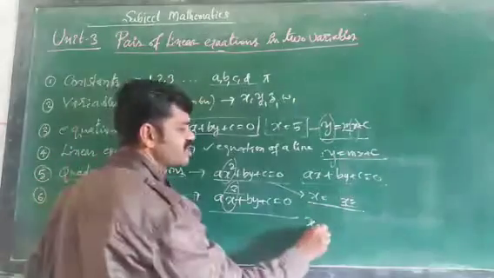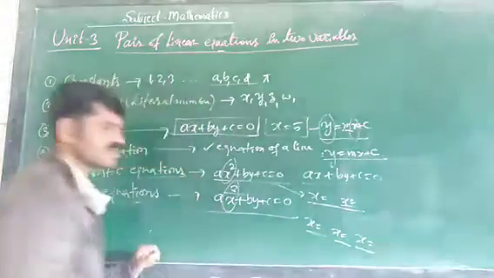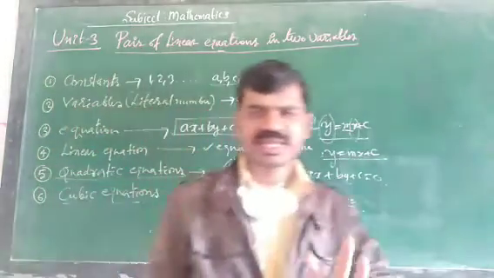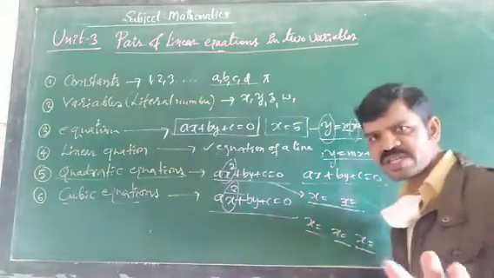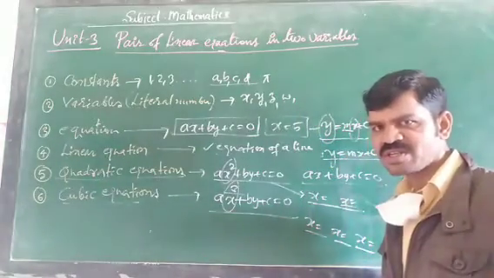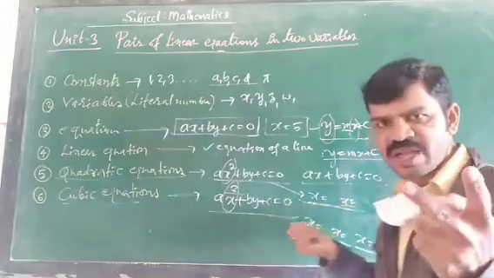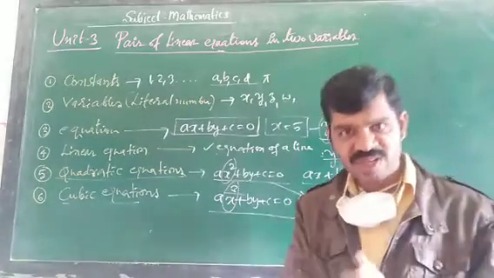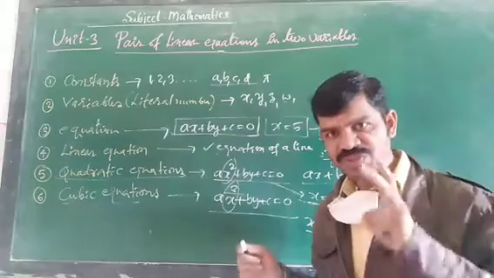In a cubic equation, there will be 3 values. If x has 3 values, this will be a cubic equation, a third degree equation. If x has 2 values, this is a quadratic equation, a second degree equation, and the power of x will be 2.